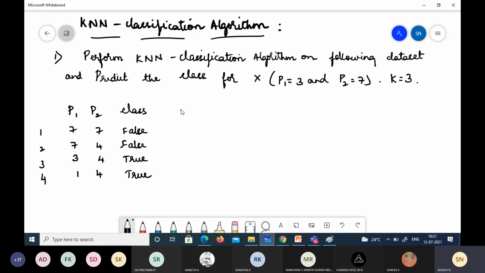So for this, we would have to find out the Euclidean distance first. As I said earlier, it's nothing but the distance between 2 points.